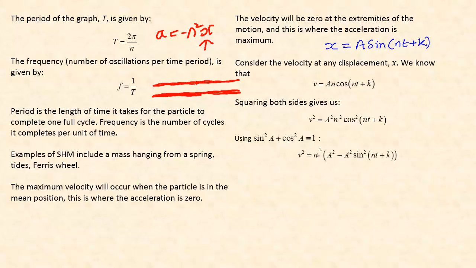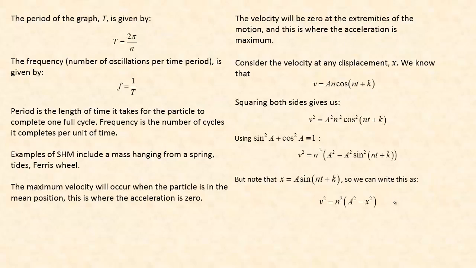So v squared would be n squared a squared, replace the cos squared here with 1 minus sine squared, and we have a squared minus a squared sine squared(nt plus k). But x is equal to a sine(nt plus k), so we can replace this with x squared. So v squared is n squared into a squared minus x squared.